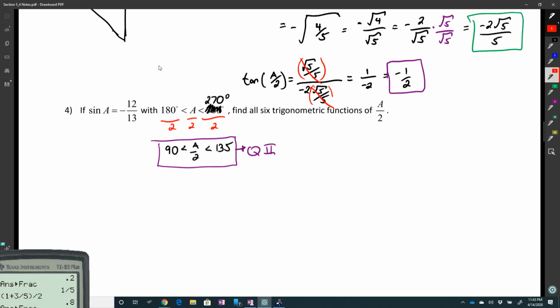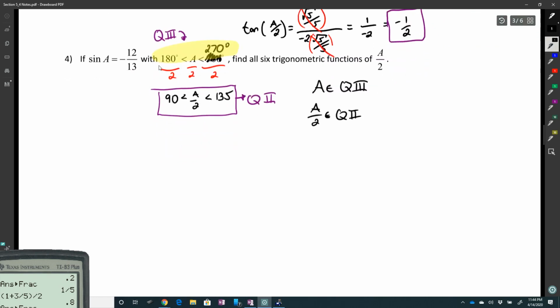Whereas the original problem, 180 to 270, that's quadrant 3. Okay, so A is in quadrant 3. A over 2 is in quadrant 2.